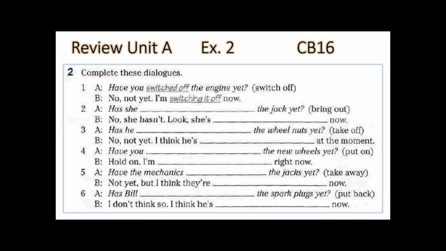And you will notice also that here we have it. This is a pronoun used to replace the engine. And you know that if it's a pronoun, it cannot come after the adverb. It has to come between the verb and the adverb. Now, pause the video and do the rest.